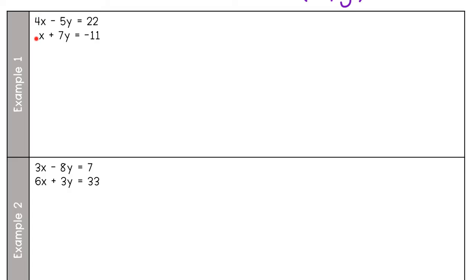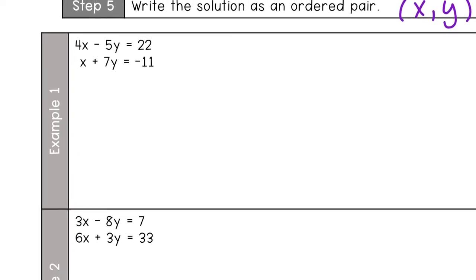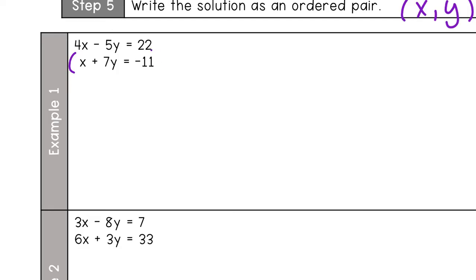I know it seems silly, but of course you're just going to multiply by 4. But if you multiply this by 4, that entire equation needs to get multiplied. So the whole second equation, we're going to multiply it by 4.